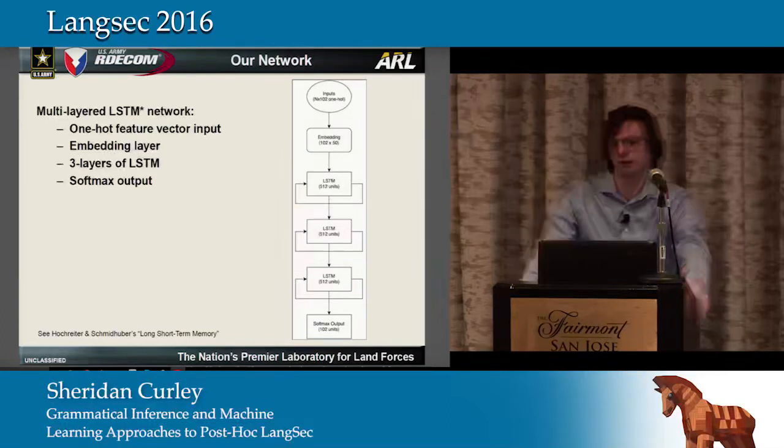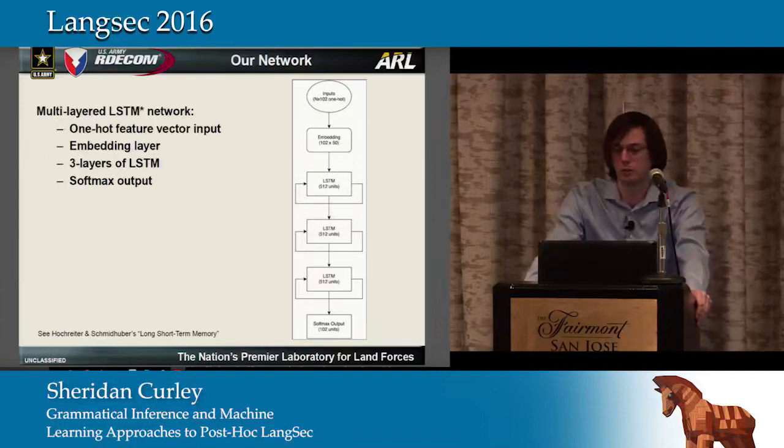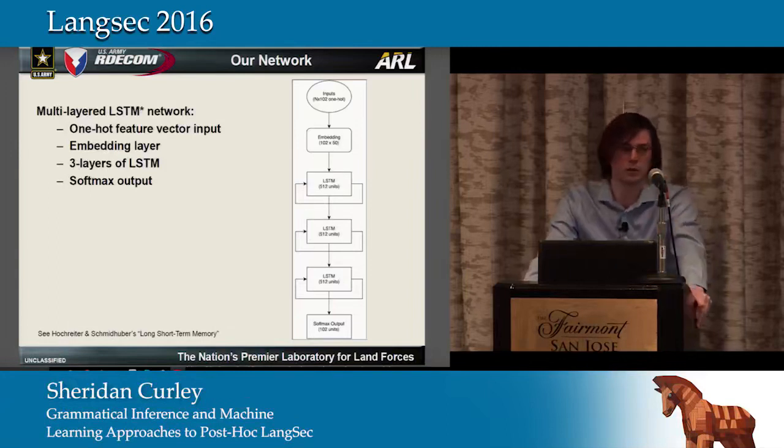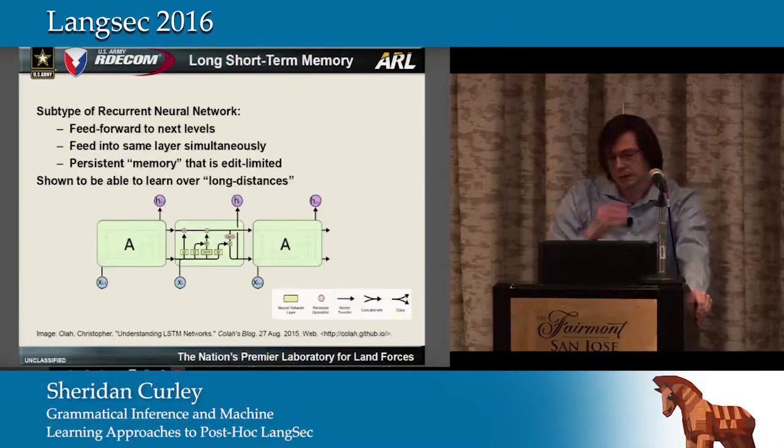In our case, it was 102, just because of what the training set is, which we'll get into. That goes into an embedding layer, which kind of abstracts the feature vector into some kind of weight matrix, and then goes through a series of LSTMs, which we'll discuss in a moment, before finally coming to some normalized output vector. Usually, that could be either another one-hot feature vector, or it could be a classification label.